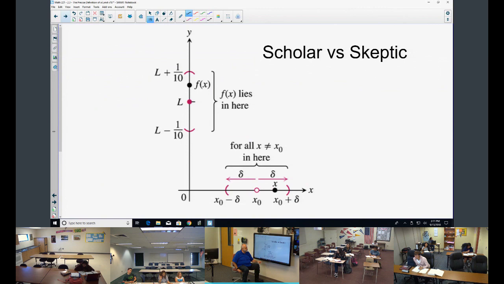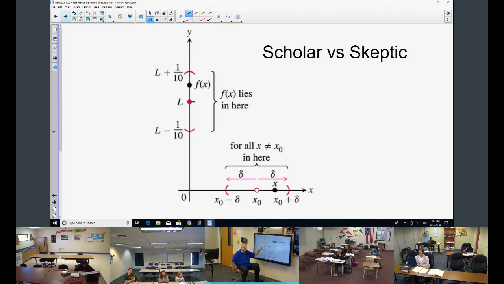And so the skeptic says, if you can't put in x sub 0 exactly, then you'll never hit the limit exactly. And so then the scholar says, well, what's your definition of hitting the target?